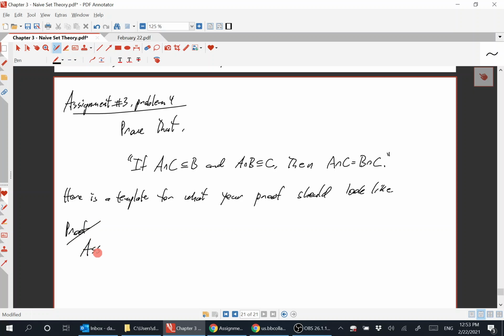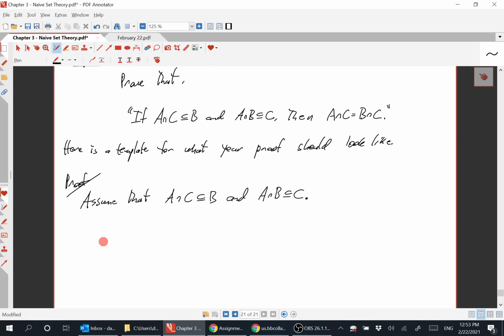Assume that A intersection C is a subset of B, and A intersection B is a subset of C. And now you're going to want to show that A intersection C is a subset of B intersection C. So you're going to let X be an element of A intersection C, blah, blah, blah. Therefore, X is an element of B intersection C.